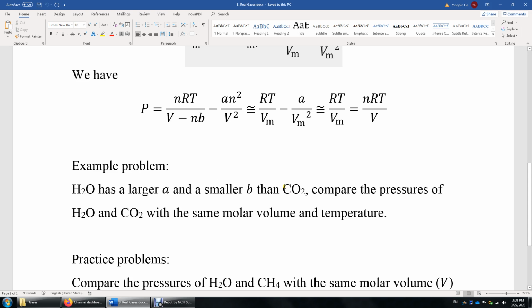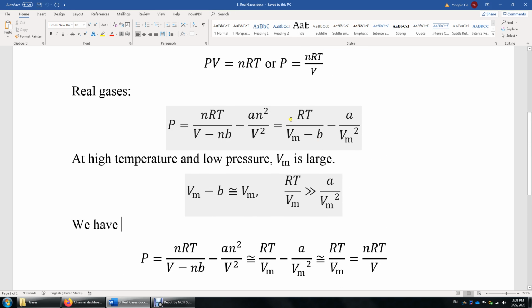So now let's compare the pressures of water and CO2, assuming they have the same molar volume and same temperature. We have to look at this equation again. The pressure of a real gas is equal to RT over Vm minus B, subtract the attraction term A over molar volume squared.